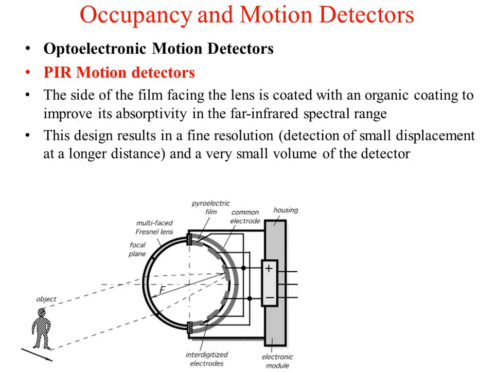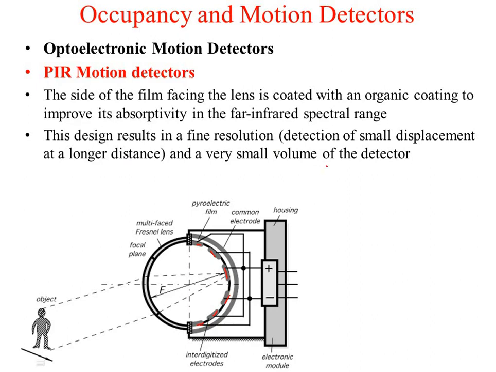Here you can see this is the lens, and its focal length is adjusted in such a way that whatever image is there appears exactly on this film. Here there is a gap, here there is a gap. This is multifaceted, that means you can see that they are kept apart from each other, and from there you take the connection, and this is the external lead which is connected to this one.